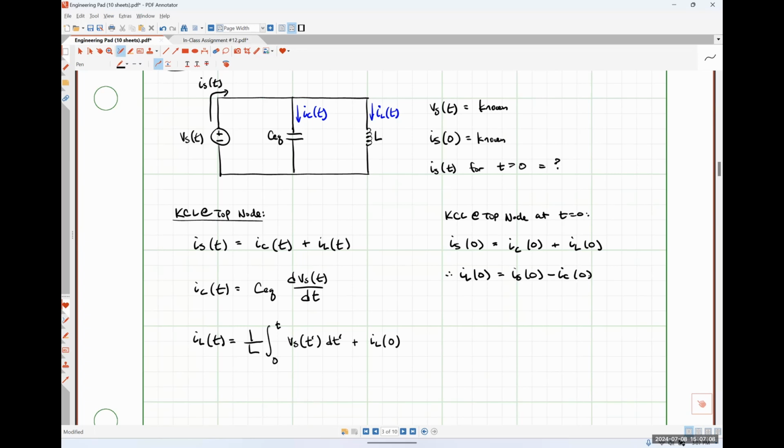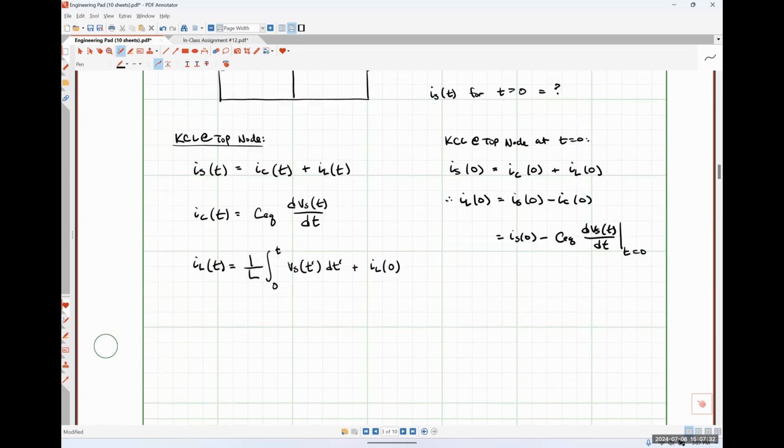Well, luckily for us, IC at 0 is pretty straightforward. That's just going to be CEQ times the derivative of VS with respect to time evaluated at t is equal to 0. So now we have all of the different parts, right?